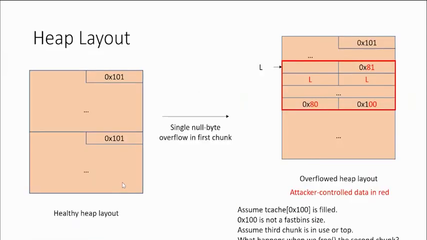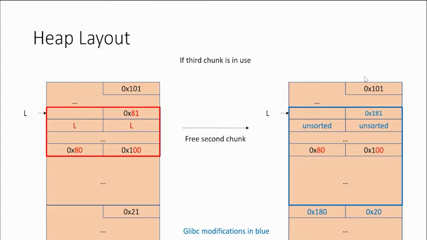We consolidate backwards. So this forward chunk here, that's 100. Whenever we free this chunk, it will be consolidated backwards to merge with this fake chunk that we created. So what that looks like here is, say in one case we would have a chunk that's in use after the second chunk here. So here I just put the smallest chunk size, hex 21.